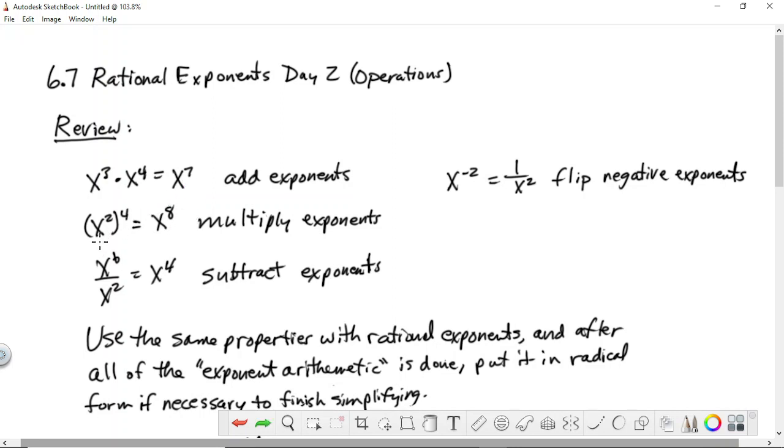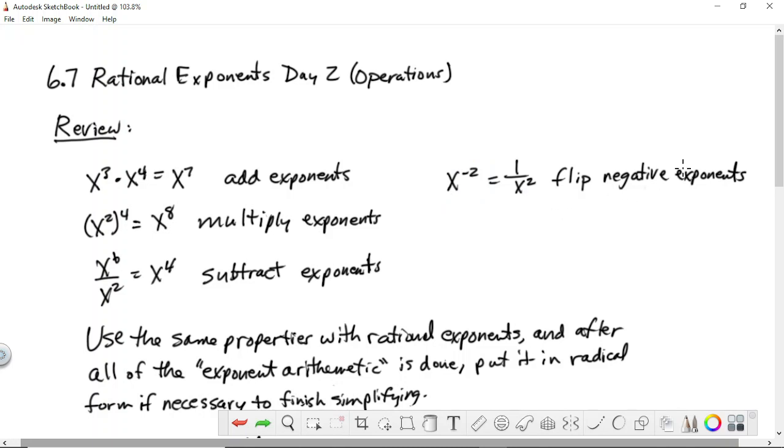When you raise a variable that's raised to an exponent to a power, it already has an exponent, and then you raise it to a power, you multiply those exponents. 2 times 4 in this case is 8. When you're dividing, you subtract exponents. And when you have the negative exponent, you flip it, and it becomes positive in the denominator.